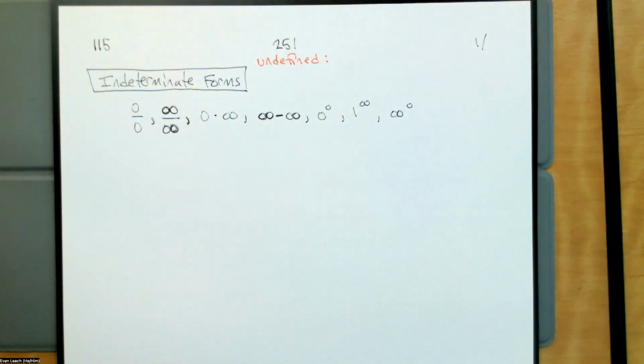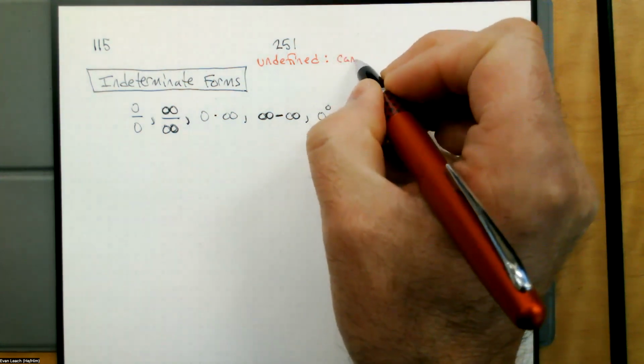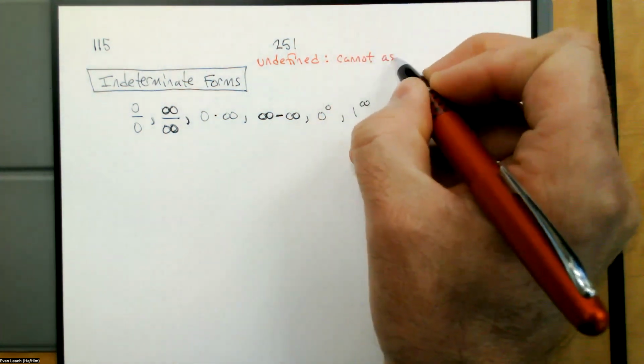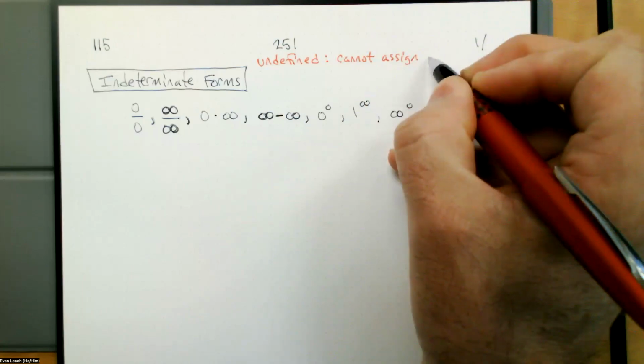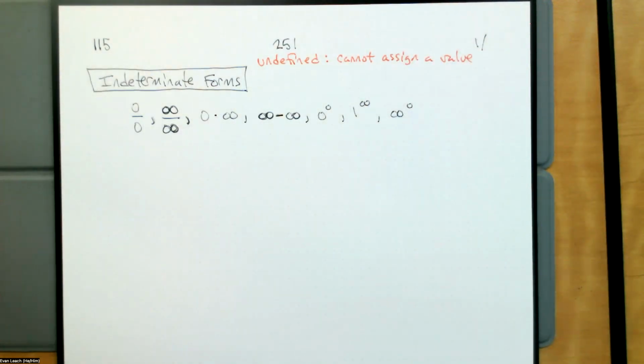Undefined means we cannot assign a value. I mean, technically we can assign a value, but if we assign a value to it, then stuff breaks. That's what I mean when I say we can't assign a value. So when we say 1 divided by 0, we cannot give that a value without breaking stuff.